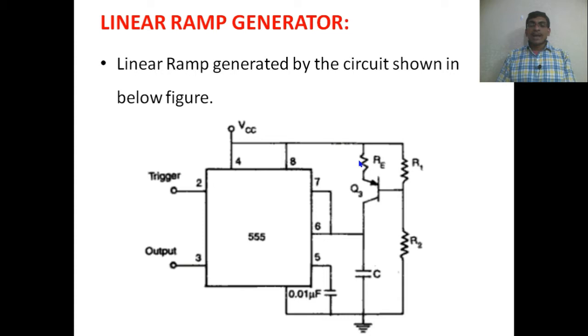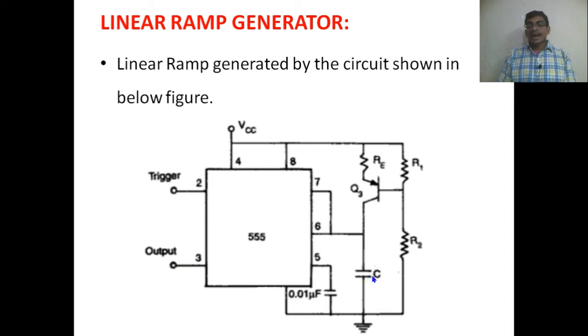This transistor and the R1 and R2 resistor combination form the constant current source, and the capacitor is going to be charged through the constant current source. That's why it will generate a ramp.